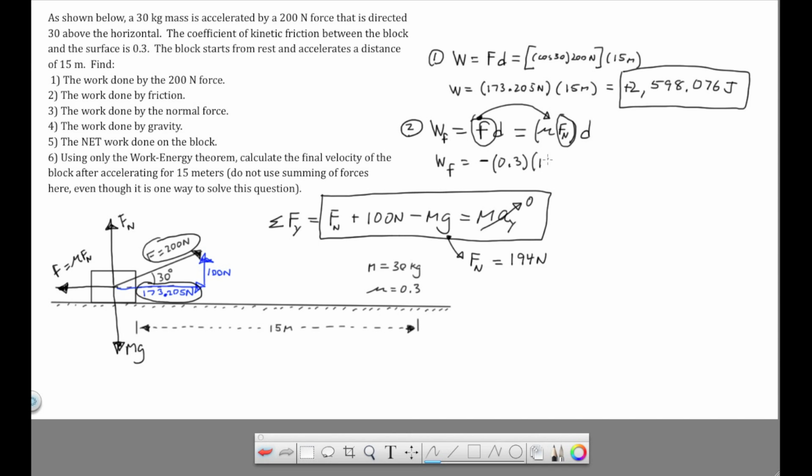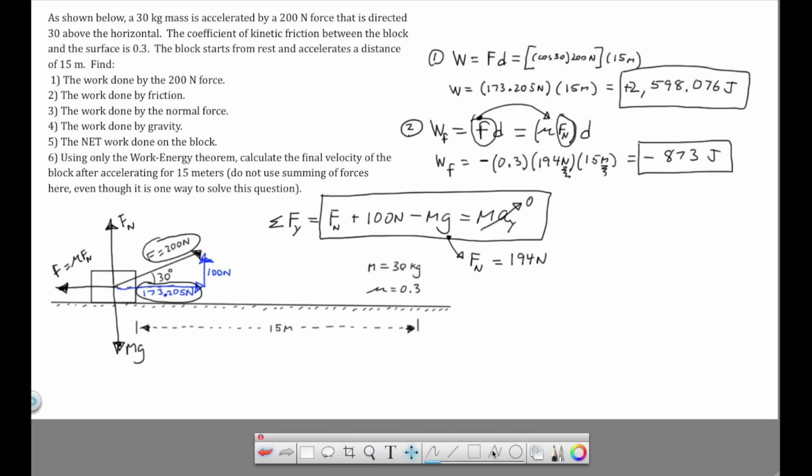Our normal force is 194, and the distance that friction acts for is the full 15 meters. All right, so the work done by friction is negative 873 joules. And I should mention we're getting joules here because we have Newton times a meter. A Newton times a meter is a joule.